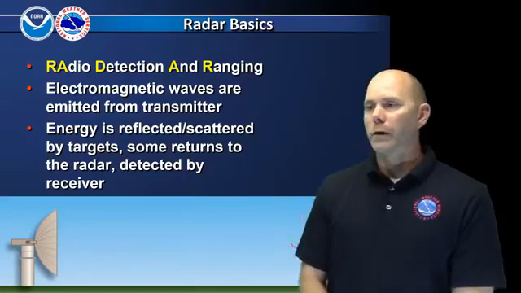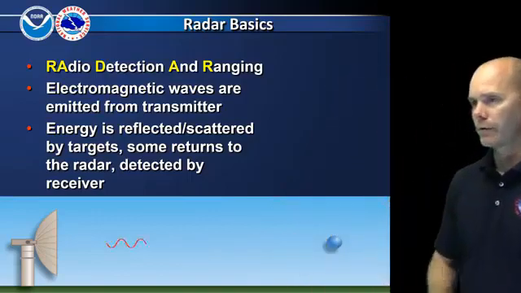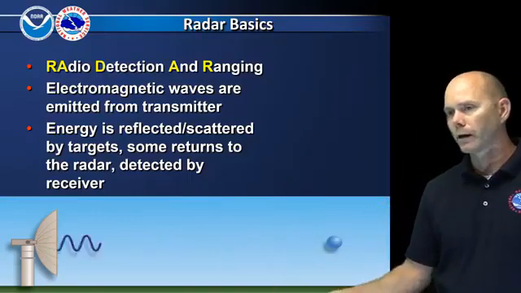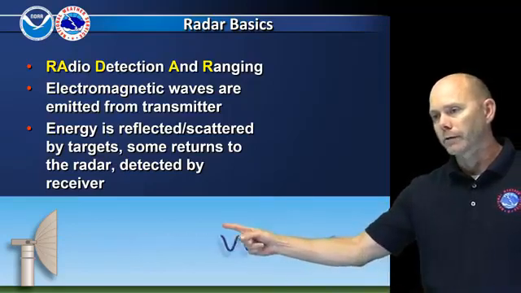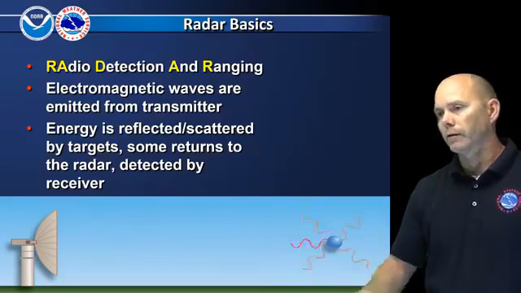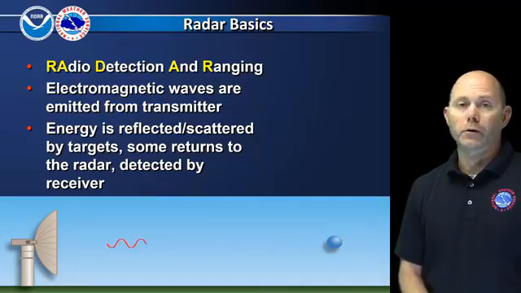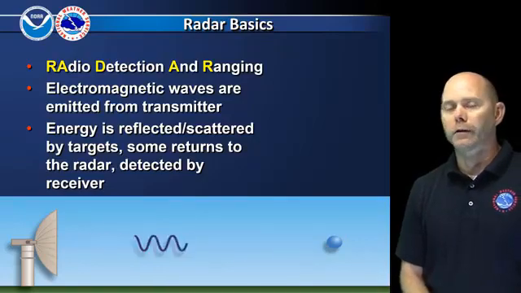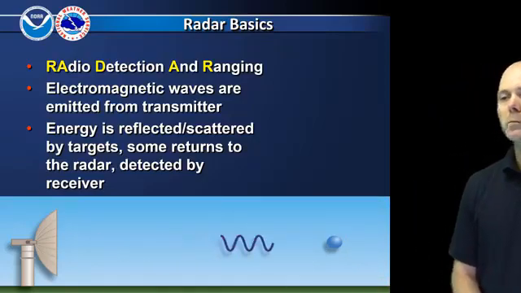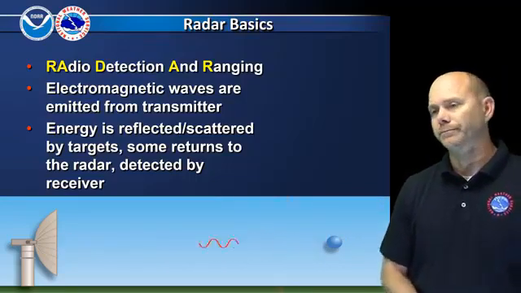With radar, electromagnetic waves are emitted from a transmitter, and like in this graphic you see, this electromagnetic energy goes out and hits droplets in the air, usually water droplets, and the information comes back and gives the radar an idea about how much water is out there and where it is.